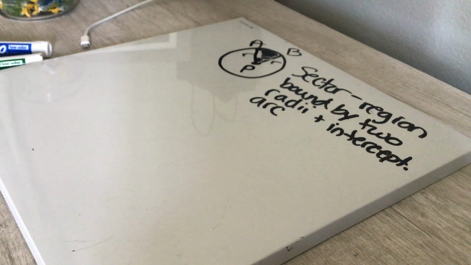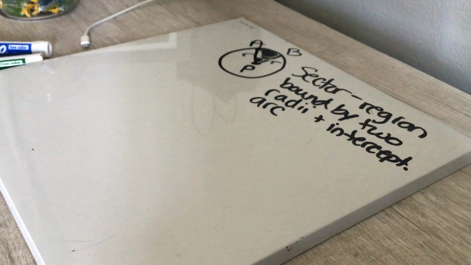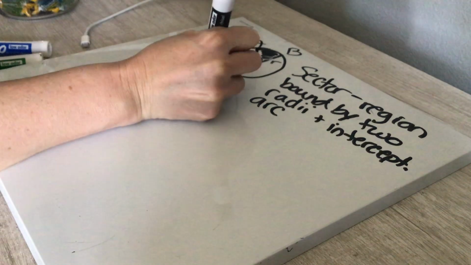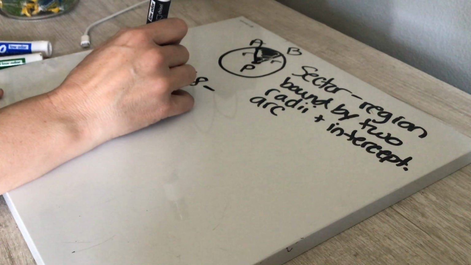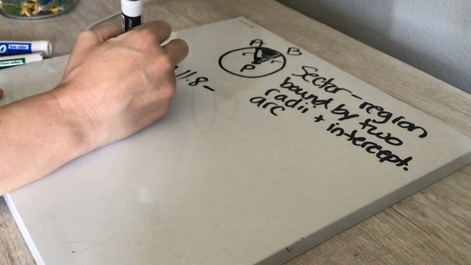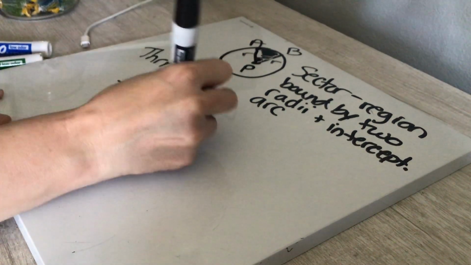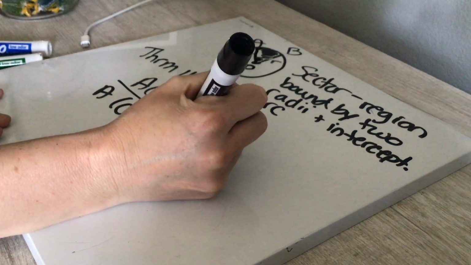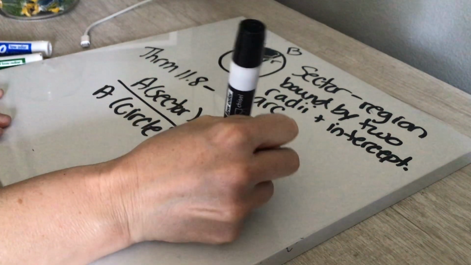Okay? So then, just like circumference and arc length were related, area of a circle and area of a sector are related to each other. So that's what theorem 11.8 tells us. It says that the ratio of the area of a sector to the area of a circle is equal to the measure of the intercepted arc over 360.